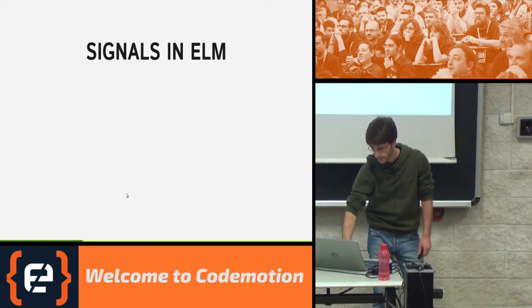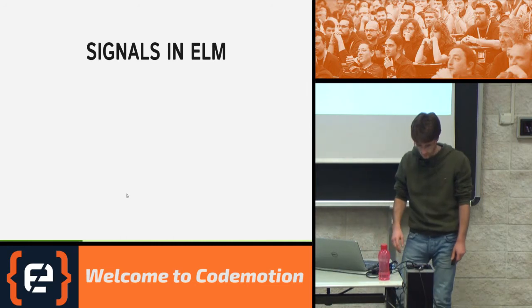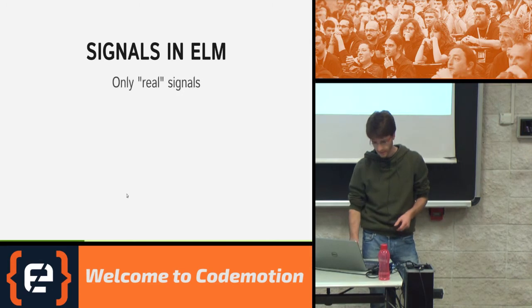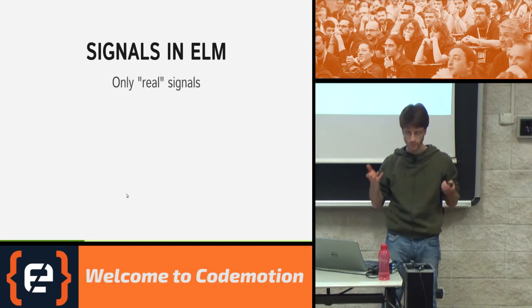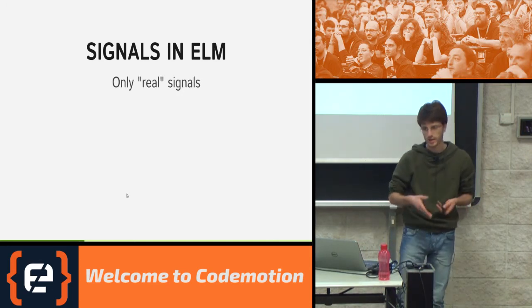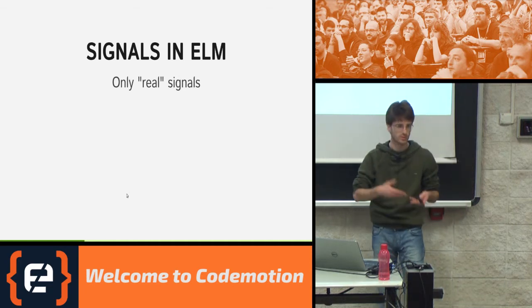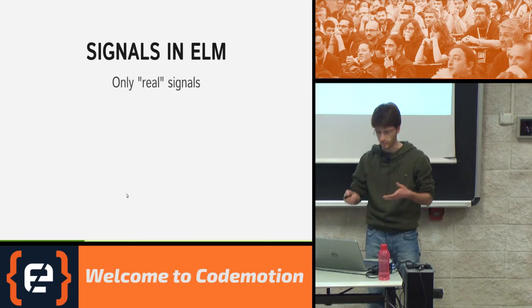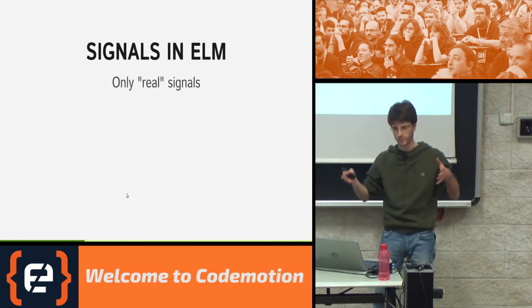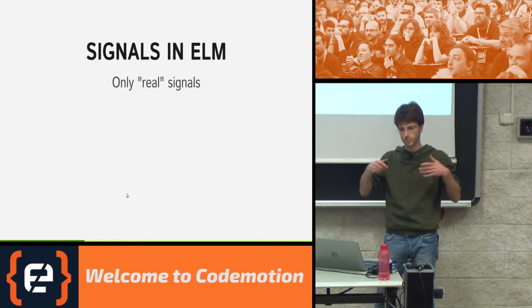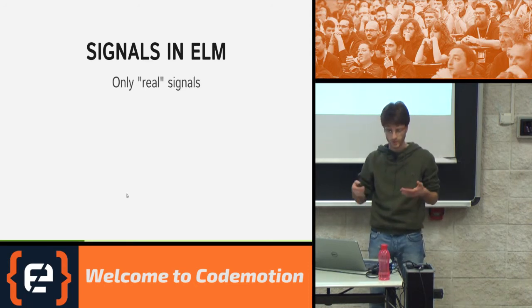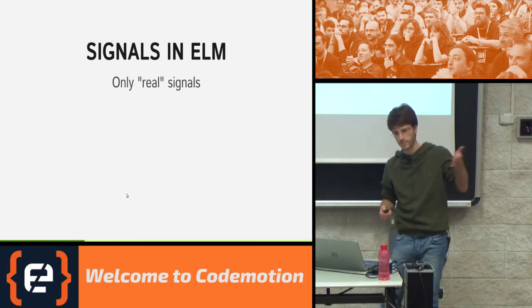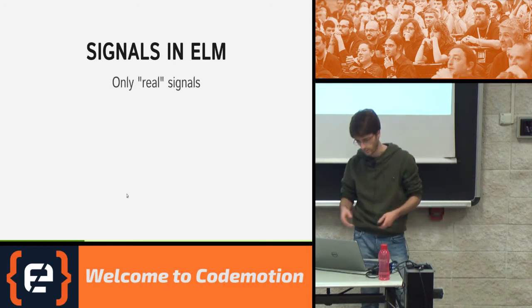Okay, in Elm, signals are only things that represent real concepts. For example, the position of the mouse or the last key pressed on the keyboard, but you can also have the dimensions of the screen, other things related to user interaction, but also some more complicated things, as for example the result of an HTTP remote call or some data taken from a database.